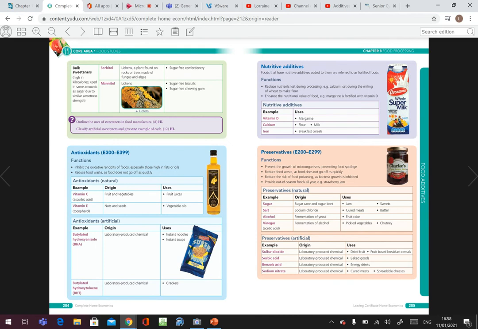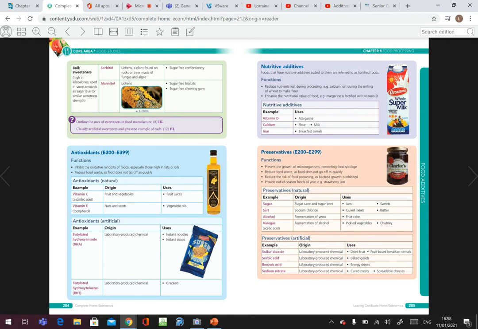Super milk definitely is. Foods that have nutritive additives added to them are referred to as fortified. They are strengthened or fortified. Why? What's the big deal? They replace nutrients lost during processing. For instance, calcium that is lost during milling of wheat to make flour is added back in. It also enhances the nutritional value of the food.